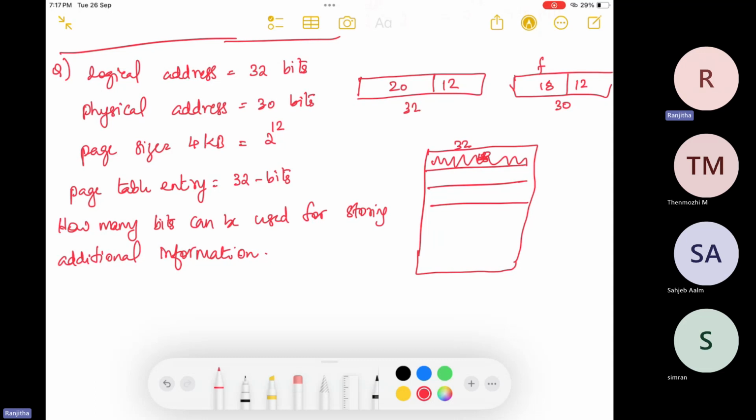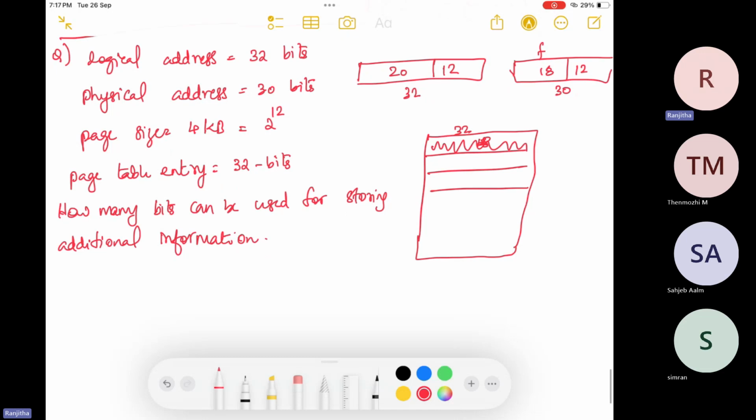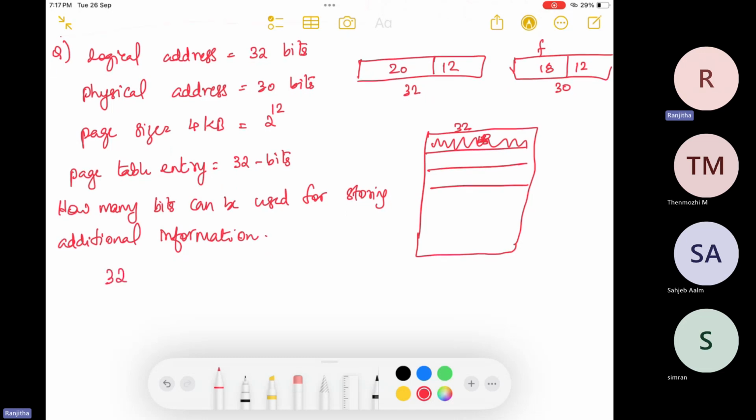The size of the page table entry is given as 32, whereas to compute the physical memory address, we need only 18 bits. So 32 minus 18 is 14. So 14 bits are available for additional information.